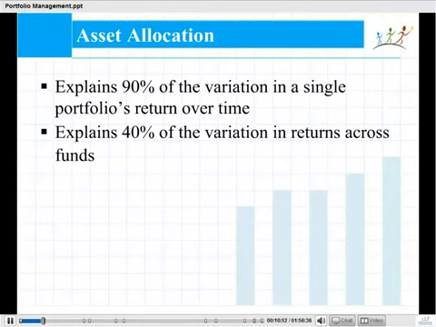Now, it has been seen that in the long run, the biggest decision that you can take for your client is the asset allocation decision. We studied this concept in the theory of efficient markets as well. Asset allocation decision is essentially, if you have $100 to invest, how much should you invest in equity and how much in debt?